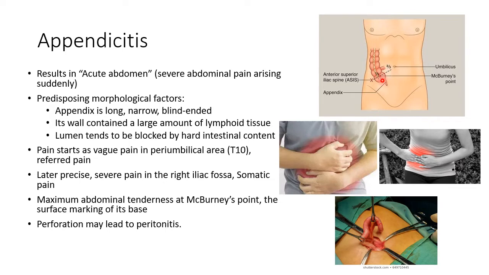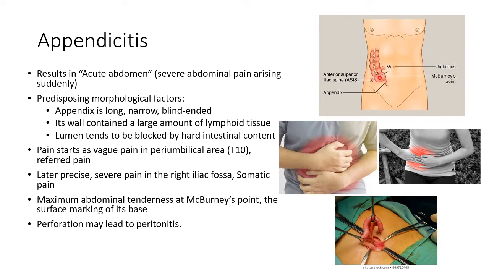Later, when the inflammation involves the parietal peritoneum, the pain becomes somatic pain, and somatic pain is more localized. The pain will shift to the right iliac fossa. First it's referred, then it becomes somatic, shifts and becomes precisely localized in the right iliac fossa where the appendix is found.